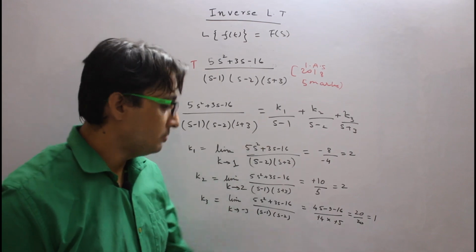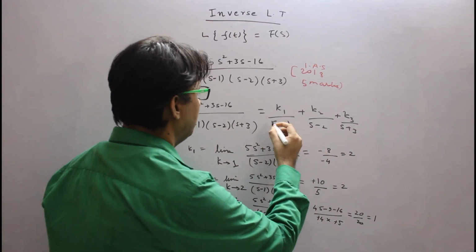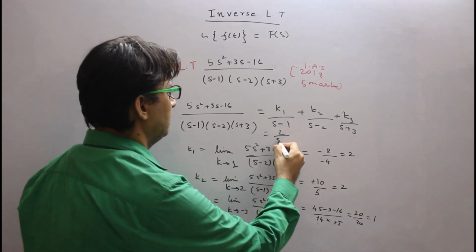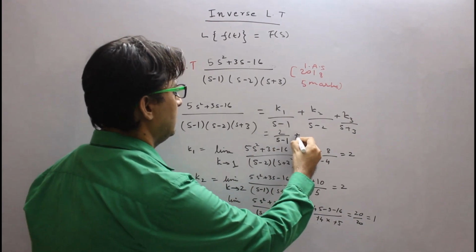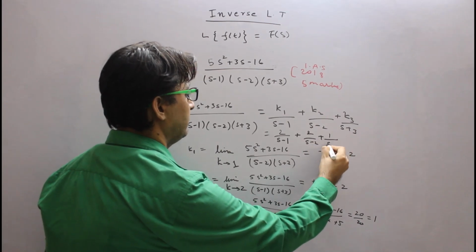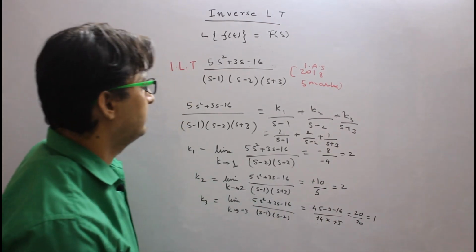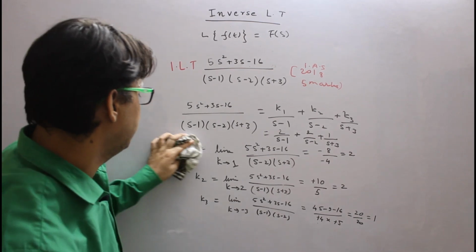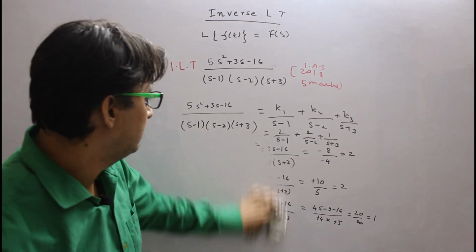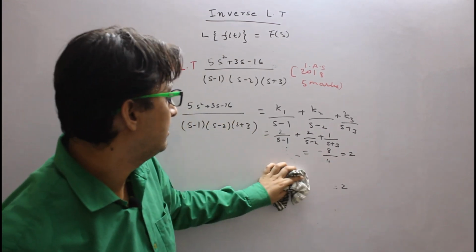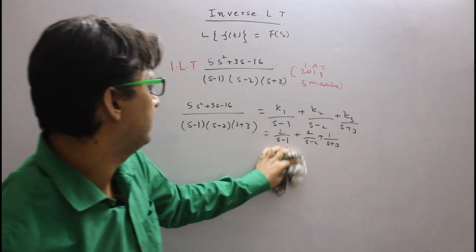So we have found our k1, k2, k3. Now all we have to do is write over here k1 is 2, k2 is again 2 and k3 is 1. So we have got the values. What we will do now, we will take the inverse Laplace transform.